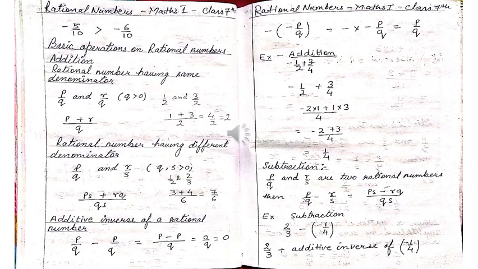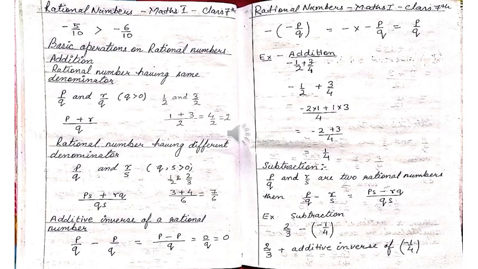Now subtraction. P upon Q and R upon S are the two rational numbers. Then P upon Q minus R upon S, we will take the LCM for it, QS, and then PS minus RQ. Now let's take an example with numbers: 2 upon 3 minus, within the braces, minus 1 by 4.